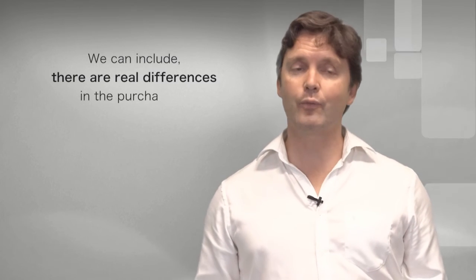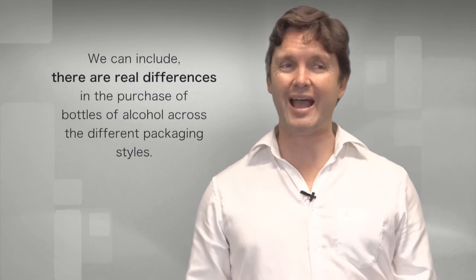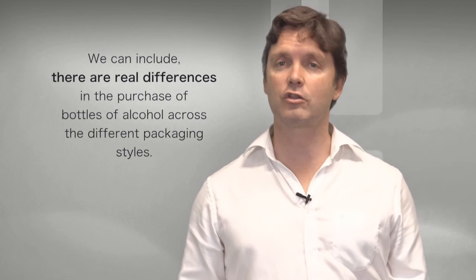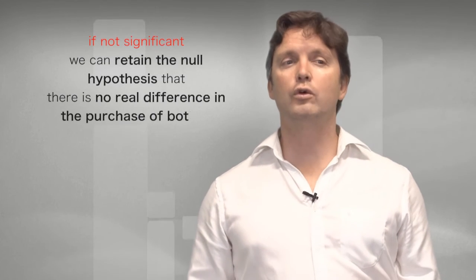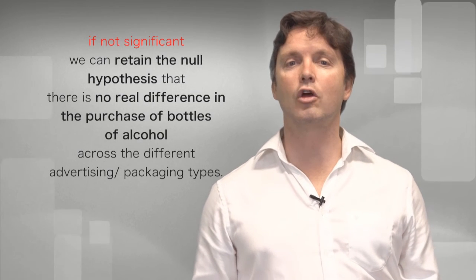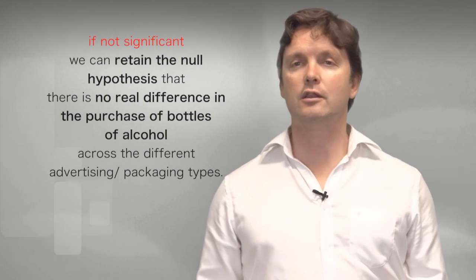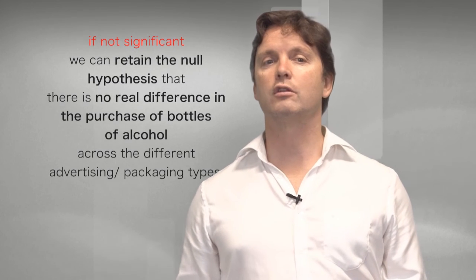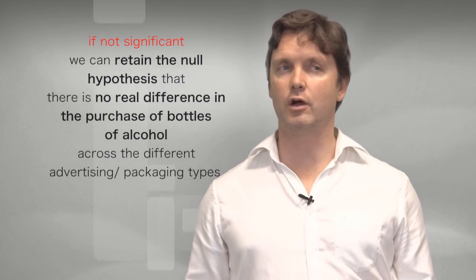Instead, we conclude there are real differences in the purchase of bottles of alcohol across the different packaging styles. Of course, if not significant, we retain the null hypothesis that there is no real difference in the purchase of bottles of alcohol across the different advertising or packaging types.